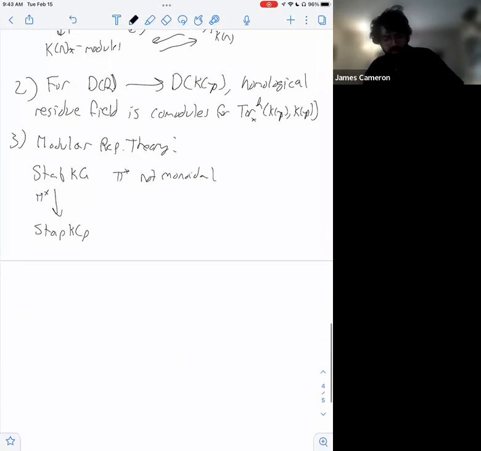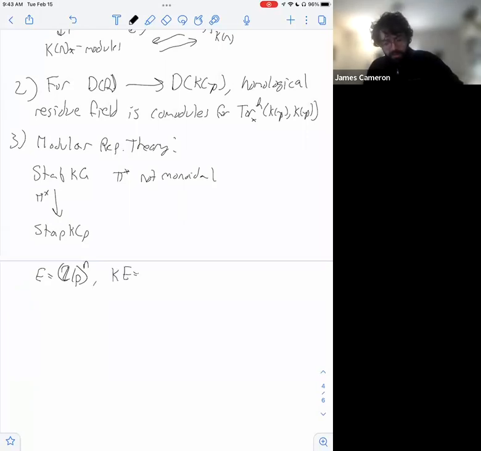So let's look at E. Let E be just an abelian p-group, Z/p to the n, and so then this group algebra. So we're in characteristic p. So this group algebra just looks like k[x_1, ..., x_n] mod these x_i to the p's.